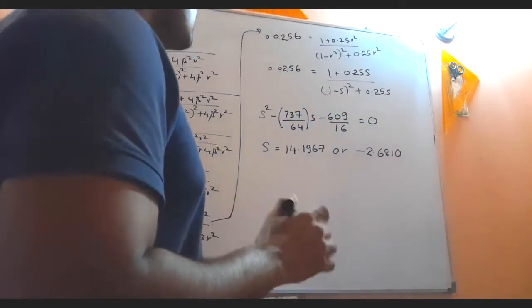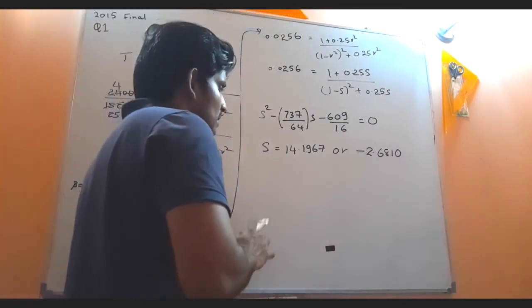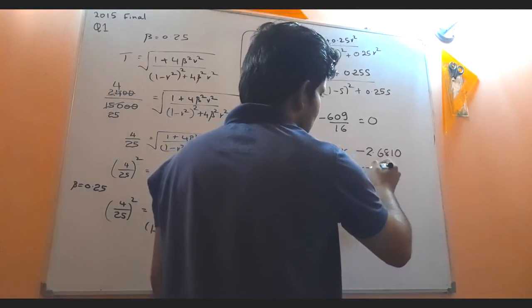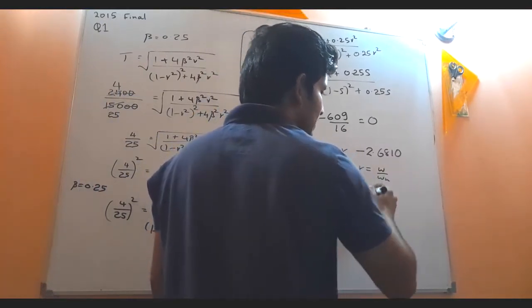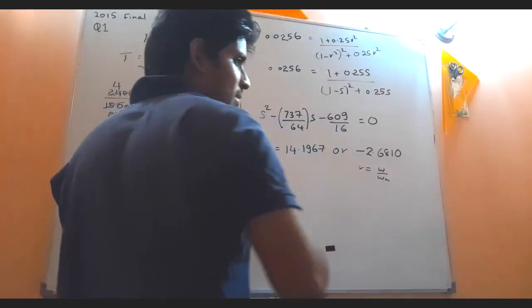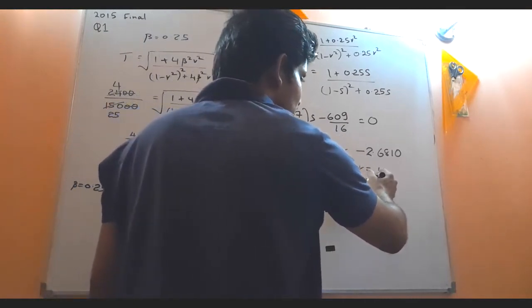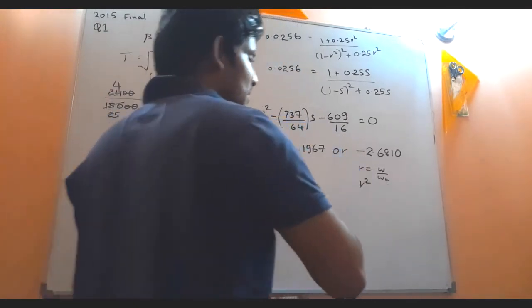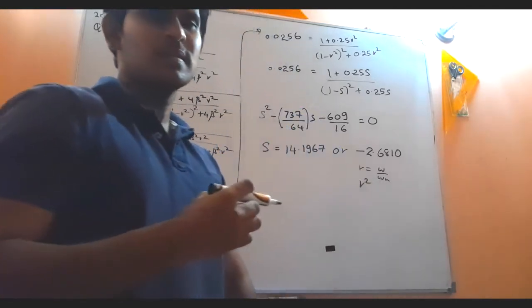Now here you know that r is the frequency ratio, which is omega divided by omega n. So if you square this ratio, you will be getting r squared, so definitely r squared must be a positive value.